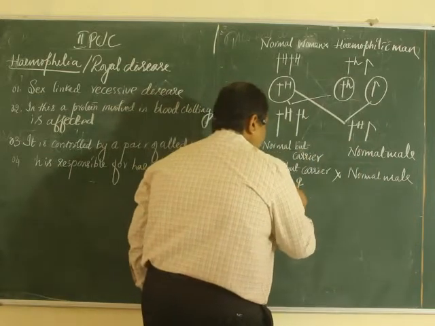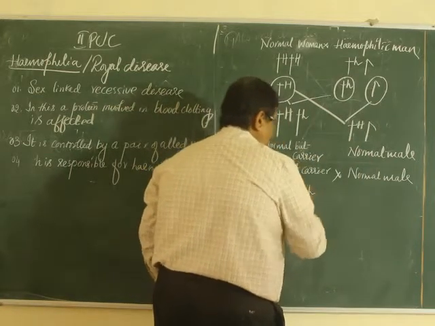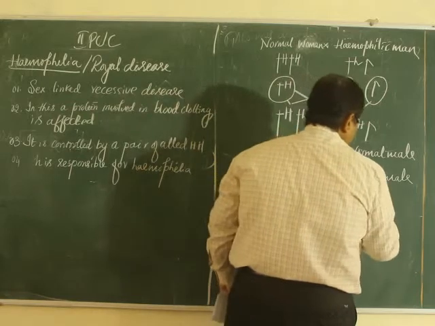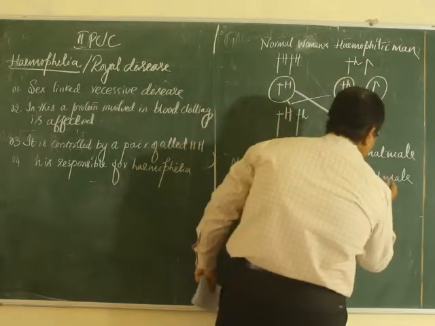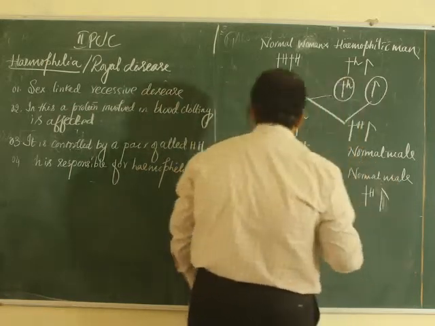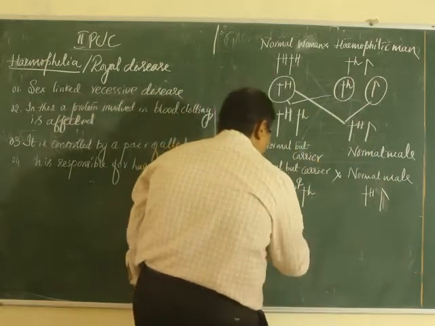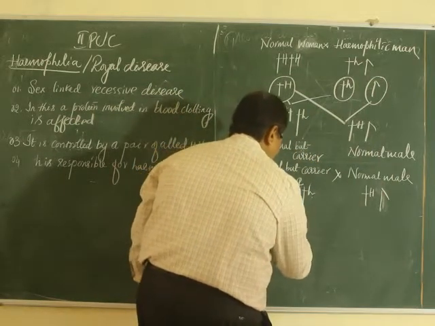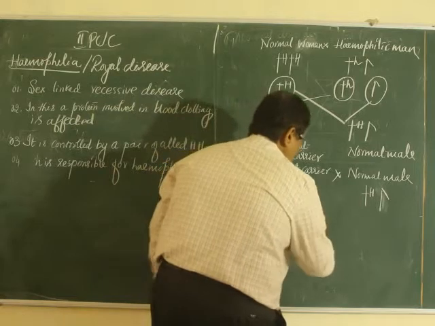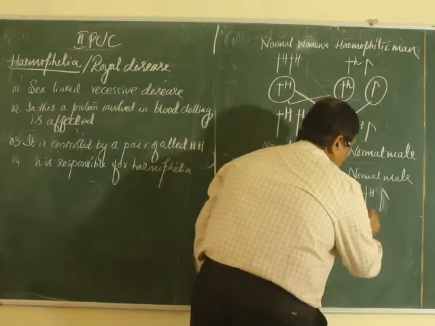Here one capital H and one small h on the X chromosomes, and here one capital H and Y. I'll write Y like this. The gametes are capital H, small h, capital H, Y.